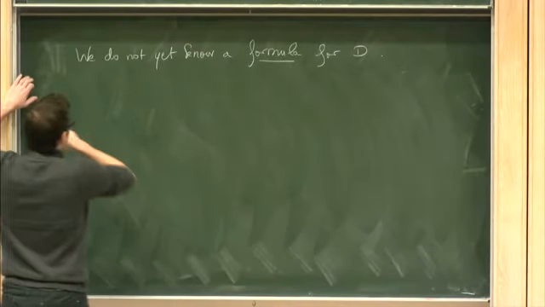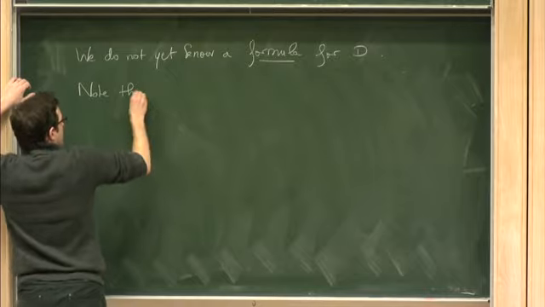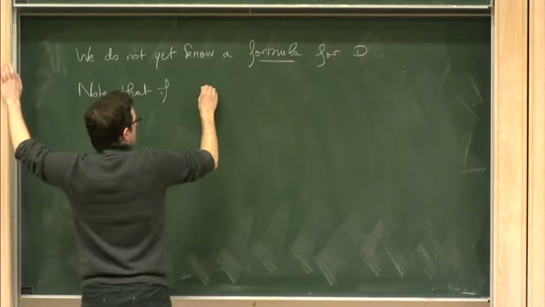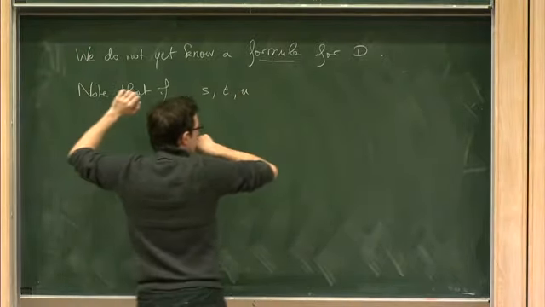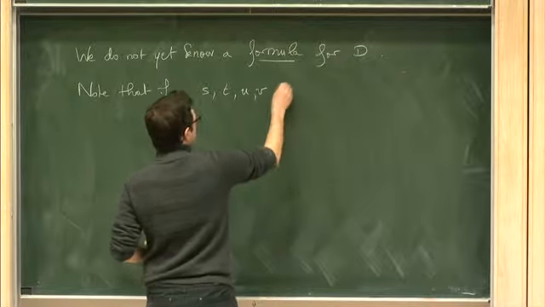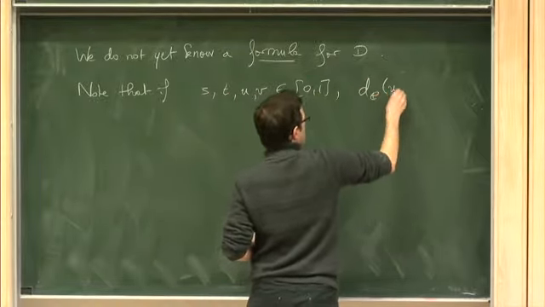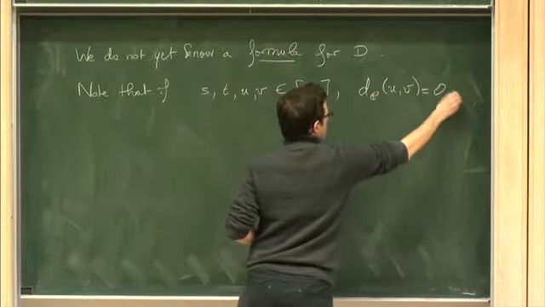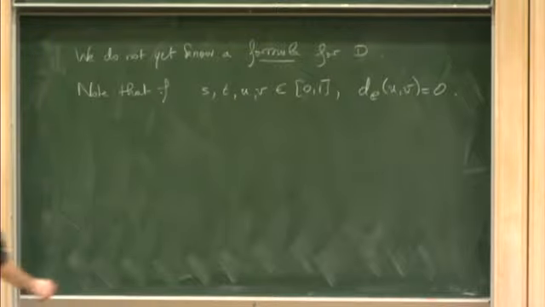So how do we do that? Well, note that if I'm given S, T, U, V, let's say S, T, U, V in [0,1], with the distance between U and V in the tree equal to 0. So they equal the same point in the continuum random tree.